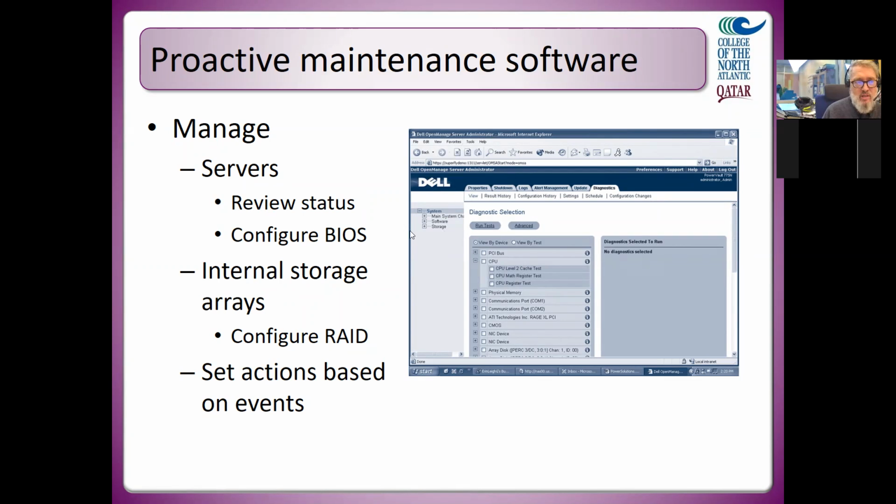This software is able to do various tests and, through this diagnostics, give information back to the person like you in the service desk, so that updates could be made. All right, so yeah, there's a little bit there about RAID as well.